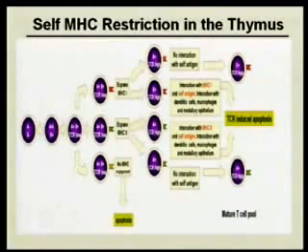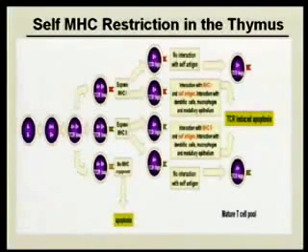If the cell can recognize MHC class 1 molecule, which will be a CD8 cell, and interacts with these cells expressing the self-peptide and recognizes the self-peptide, it gets deleted by apoptosis. Only the cells that can recognize MHC class 1 molecule and don't recognize self-peptide are then allowed to circulate.